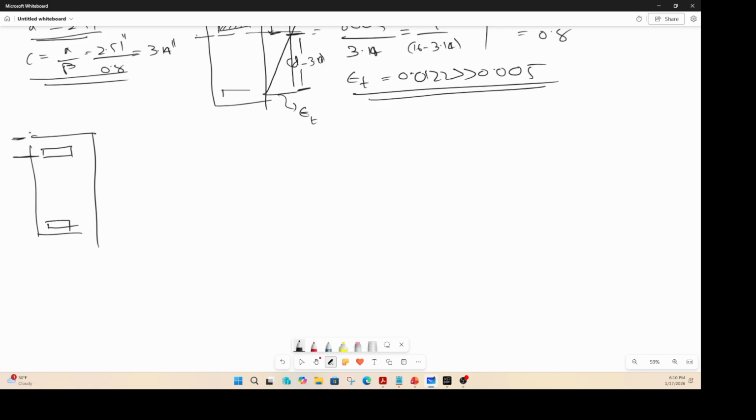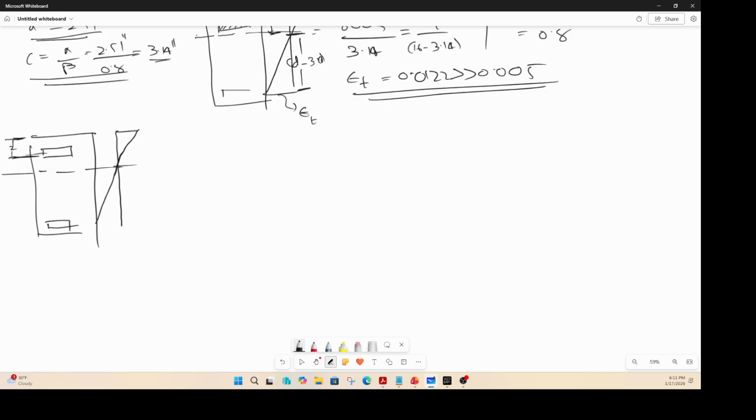Let's see here, I think that is 2 inches from the center to here. This is 2 inches. Okay, so here is our neutral axis. Neutral axis, we found out that is c, that is at a distance of 3.14.